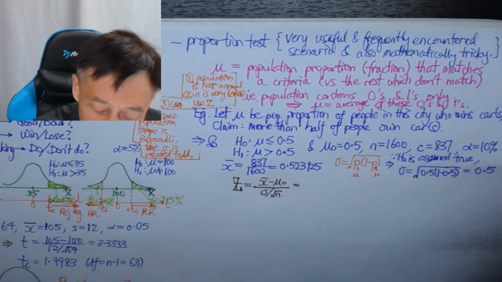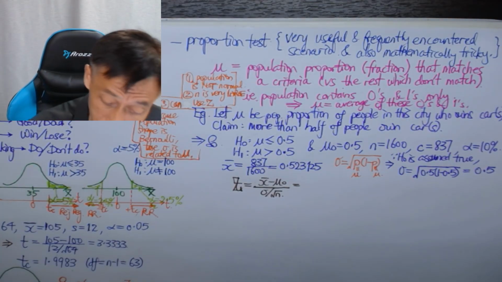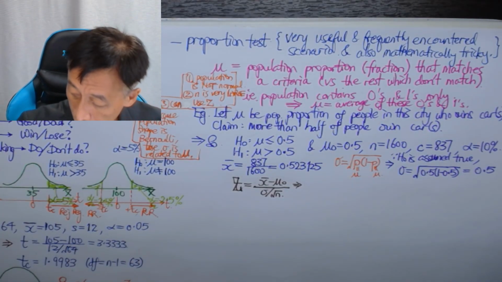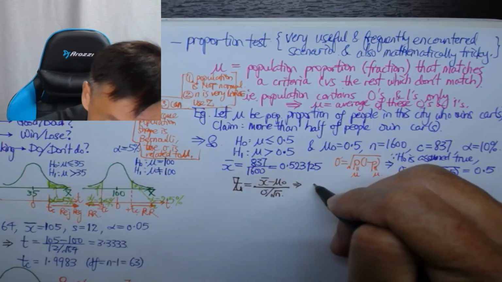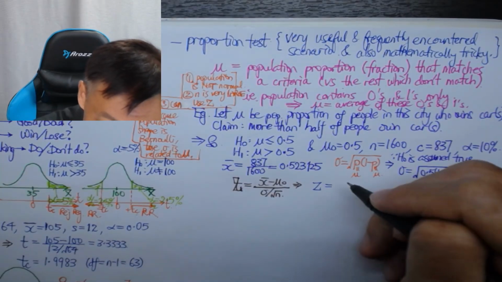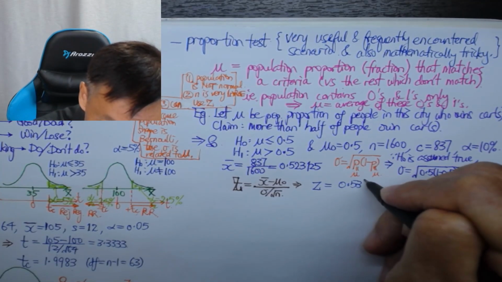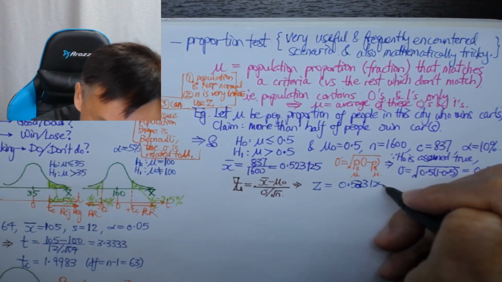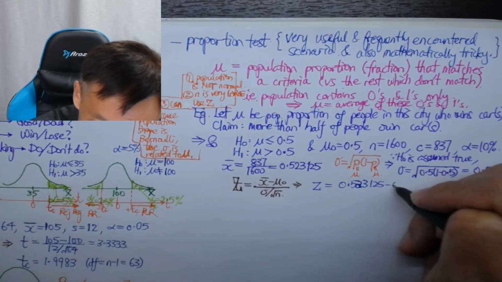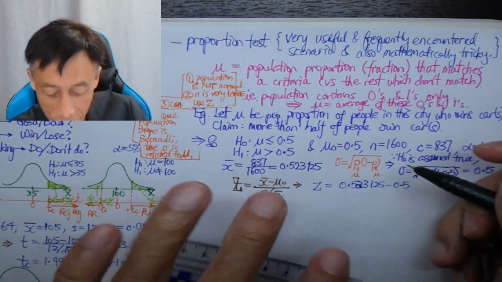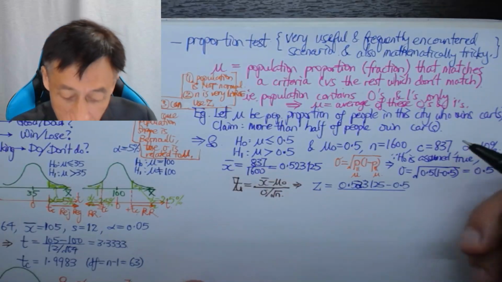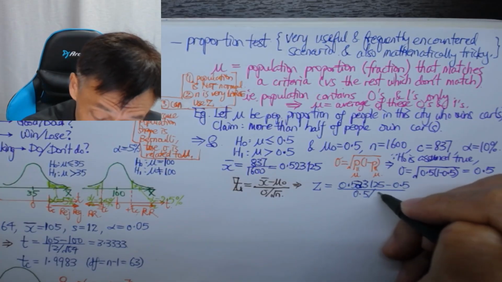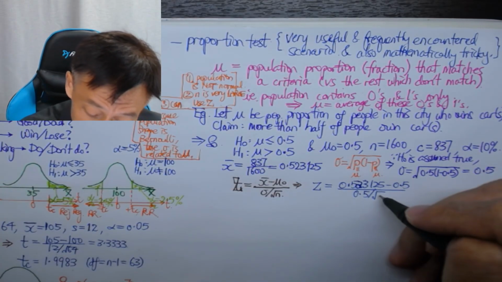So over here we can get z equal to 0.535125 minus 0.5, over our sigma, which is 0.5 over square root of 1600.